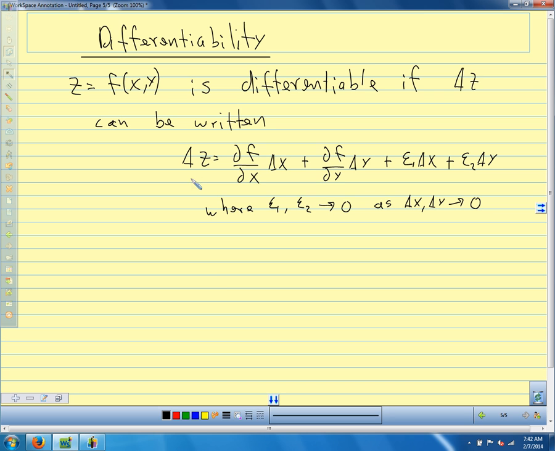If we can write the increment in this form where these epsilons approach 0 as delta x and delta y approach 0, what that's saying essentially is that our tangent plane, as delta x and delta y approach 0, is a closer and closer approximation to our surface. So that tells us that our surface is behaving nicely at that particular point.